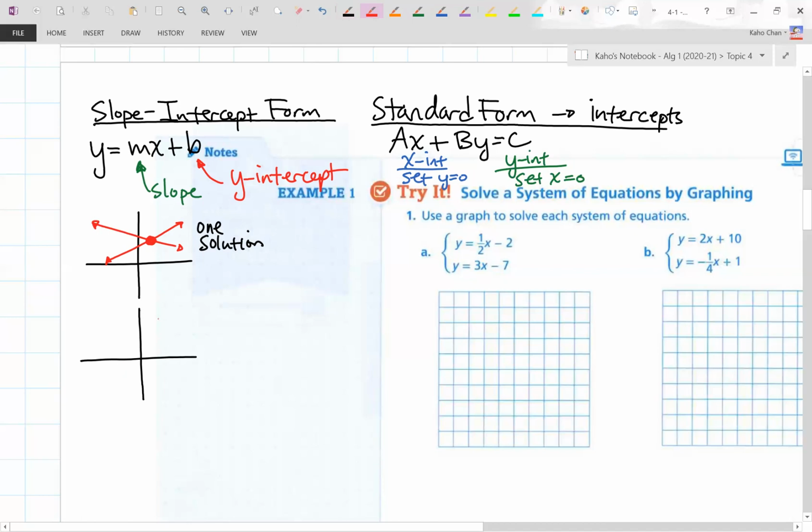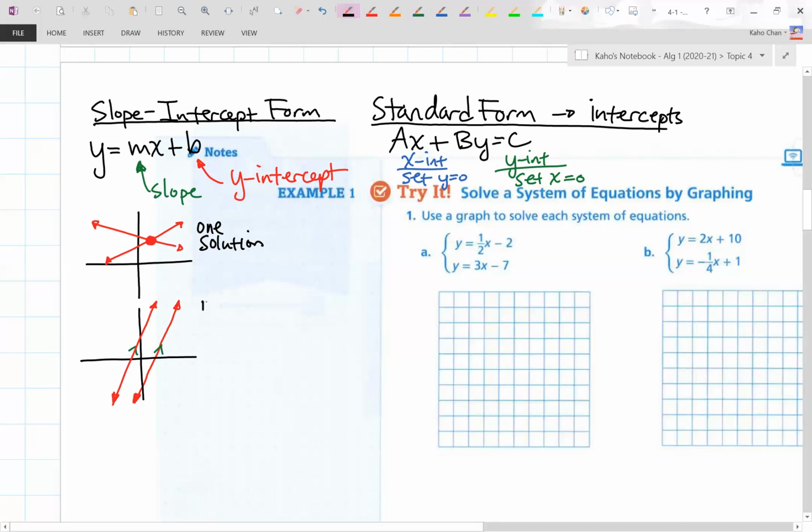Scenario number two, you graph a line and then a second line, and you notice they don't cross at all. In geometry, we put in some arrowheads on the lines themselves to show that they are parallel. This is where they don't cross at all.